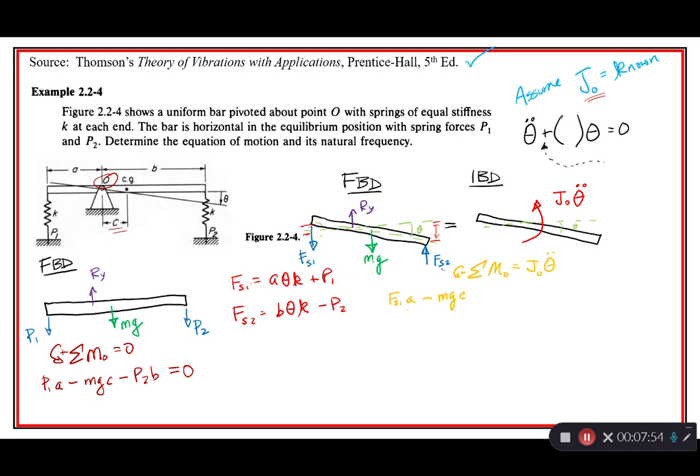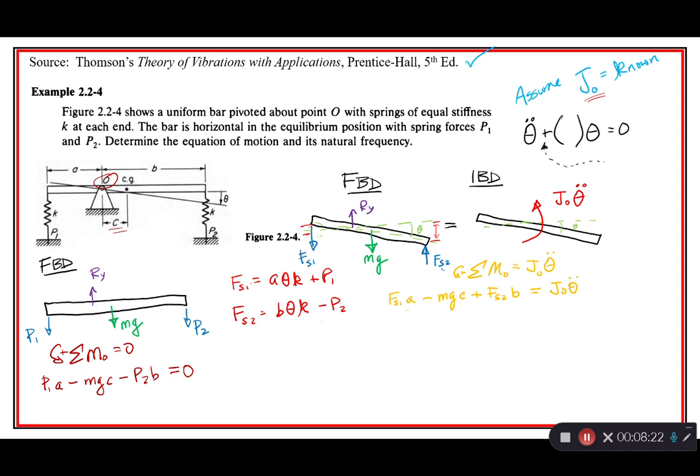Mg is going clockwise, so it's negative, but we remember it's got to be a moment, so we multiply that by the distance. And then plus Fs2 times b, and that's counterclockwise, so it's positive. So that's all the moment causing forces on the left hand side, and then JO theta double dot.